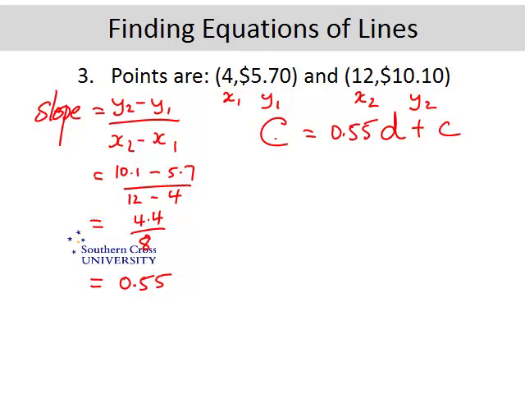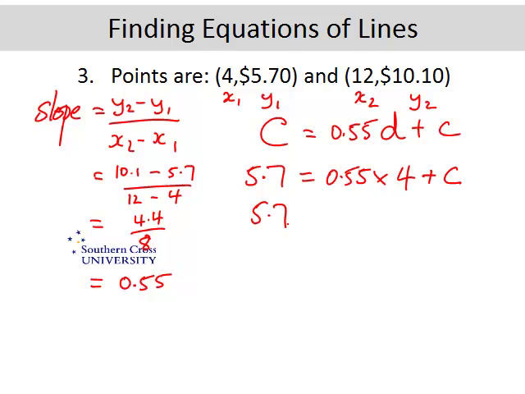Now, we're going to use that to work out the y-intercept. So 5.7 is 0.55 times by 2. Oops, where did 2 come from? Let's try 4, plus c.